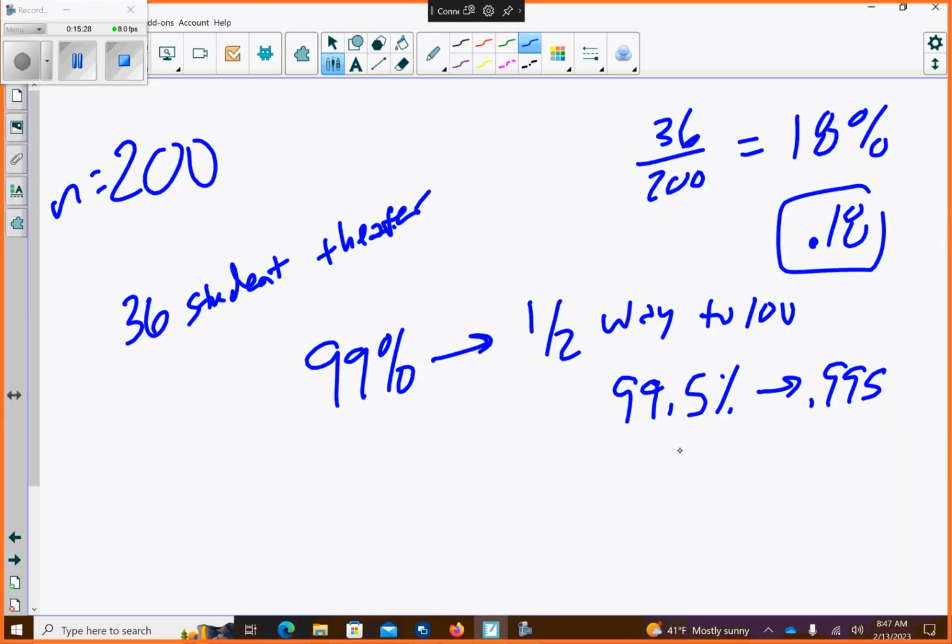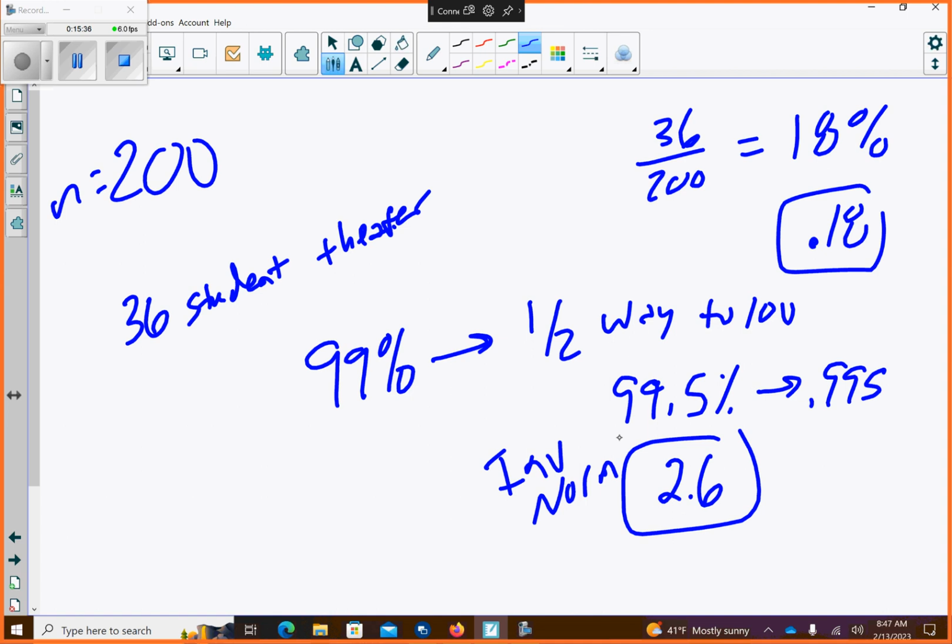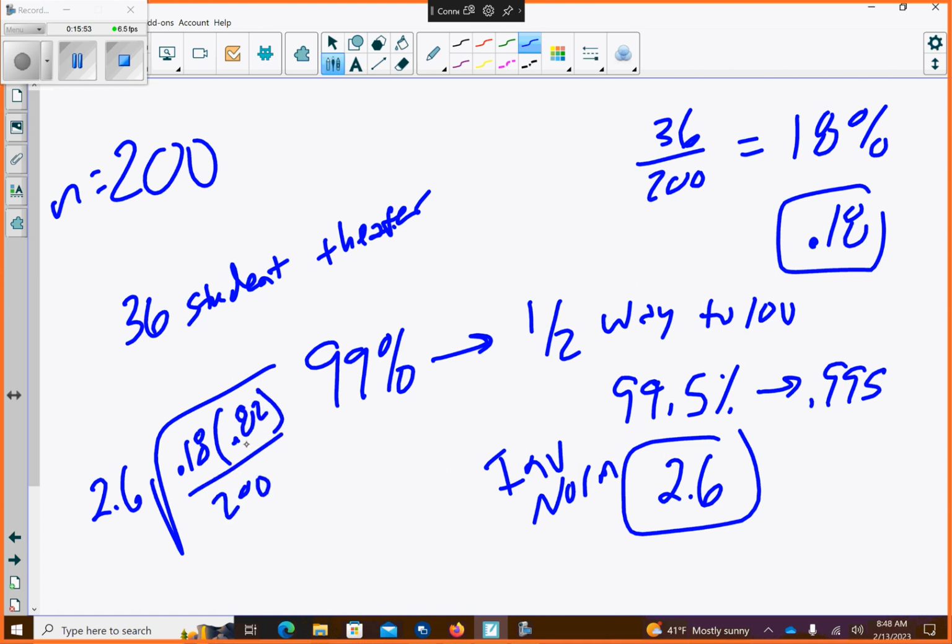So we're going to say that that gives us 2.6 if I do the inverse norm. Okay. And then once we plug that in, we're going to say that 2.6 and then 0.18, and then 1 minus 0.18 is 0.82. And then we had 200 people we were sampling.